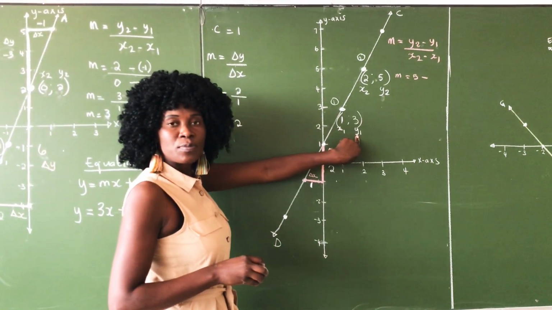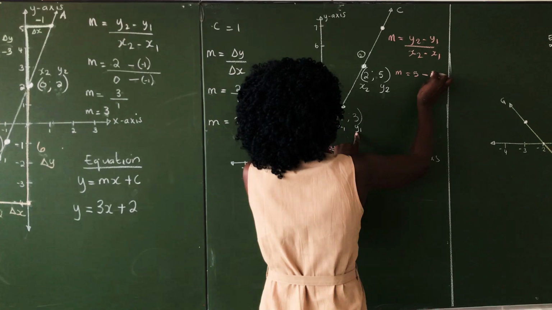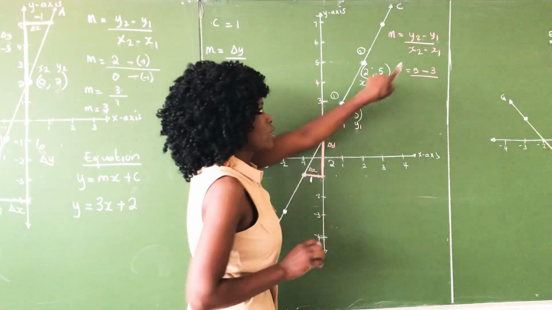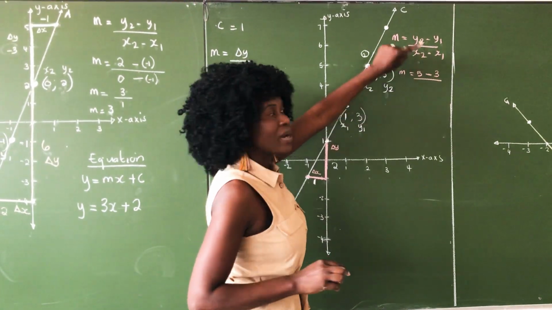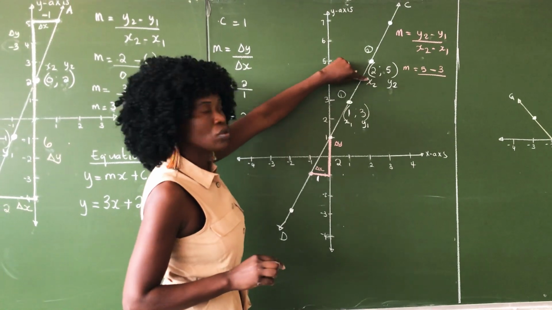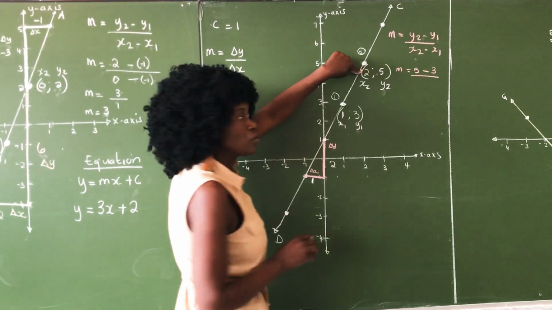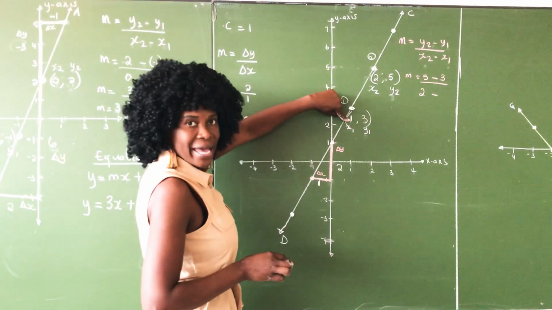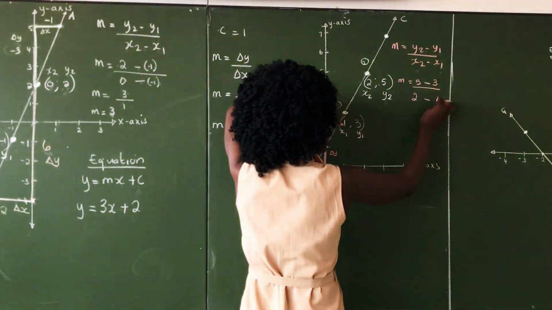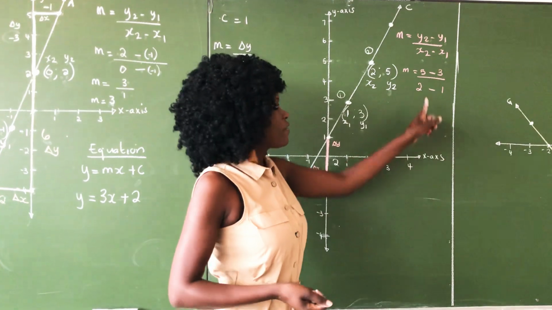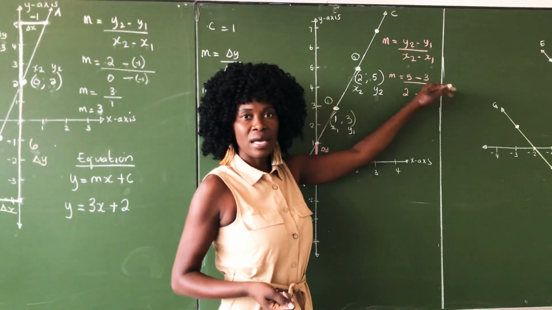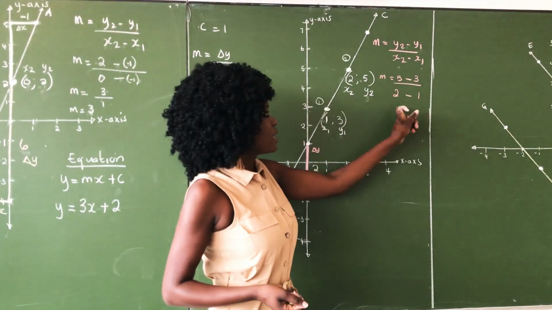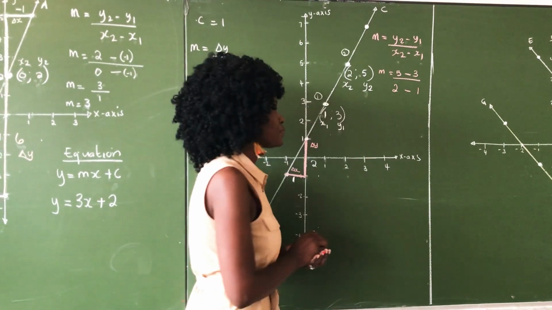Our y1 is positive 3, so it's 5 minus 3 over x2. What is our x2? x2 is represented by positive 2, minus x1. Our x1 is positive 1. So here we have 5 minus 3 divided by 2 minus 1.